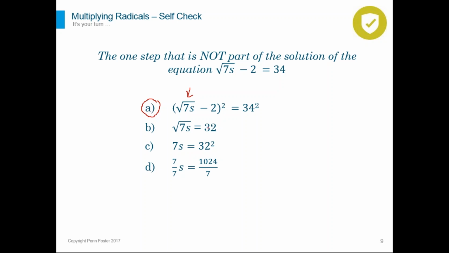So we bring the negative 2 over, so we'll have a 32, and that's why this is correct. And then you can square both sides. So 7s equals 32 squared. That is correct. And then divide over the 7 both sides, because remember, this number is the square of 32. So this is a correct step.